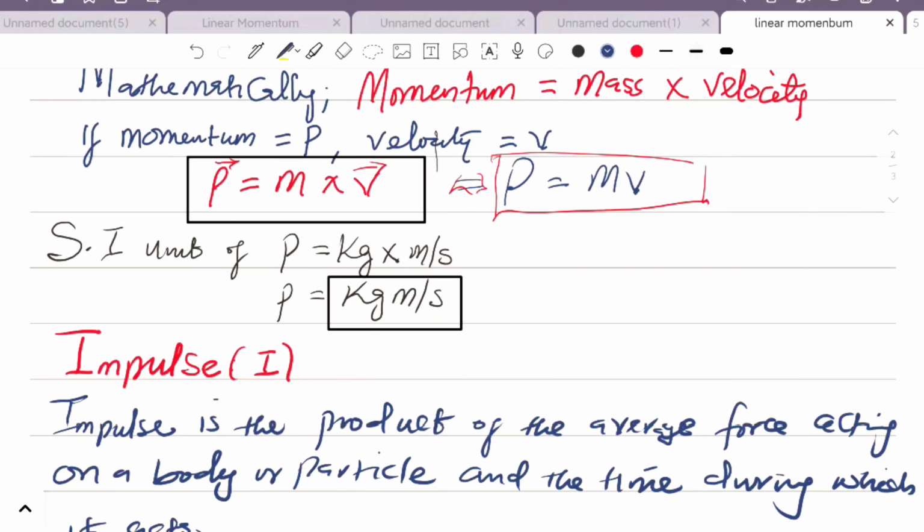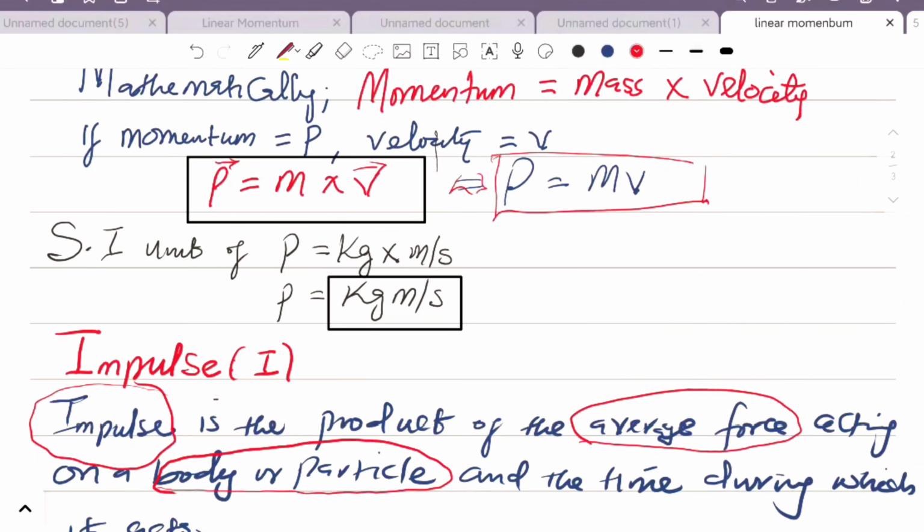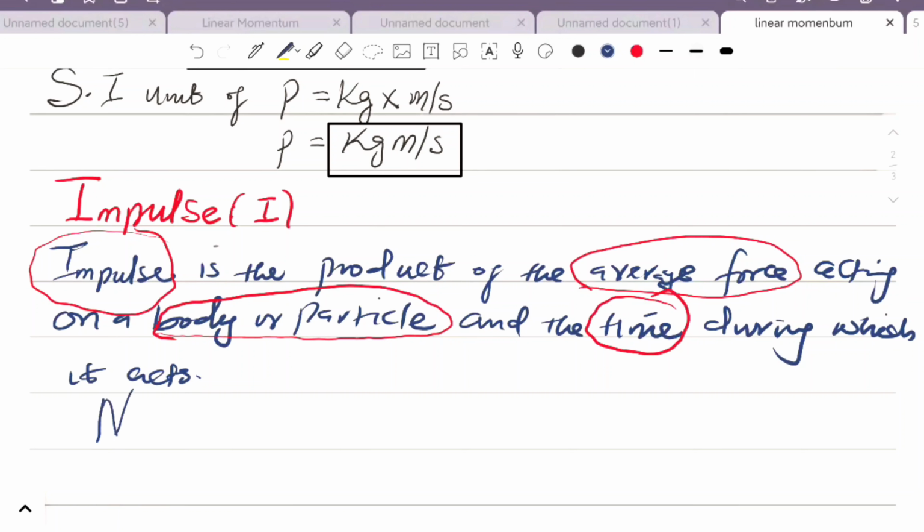Are we together? Now, the triune component: impulse, average force, then the body or particle, very important. This is the mass. Without the object, there will be no movement or no recipient of force. So, impulse, average force, and time.